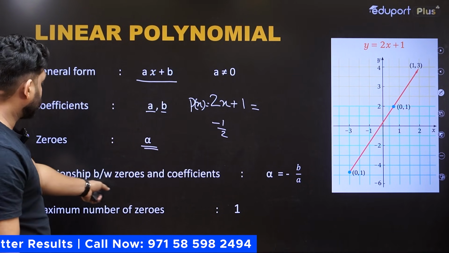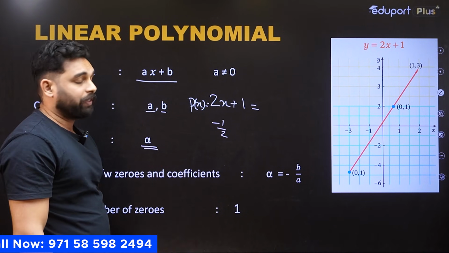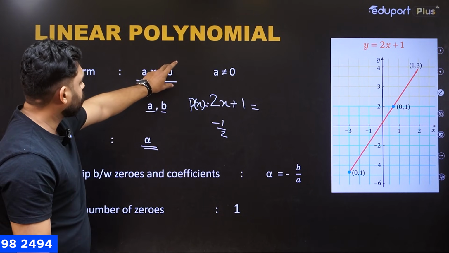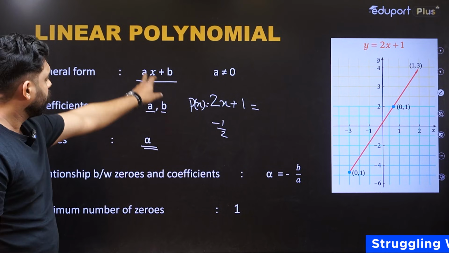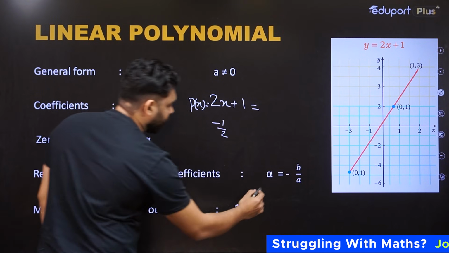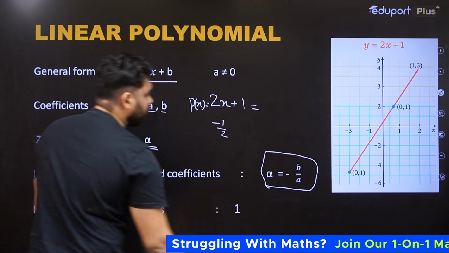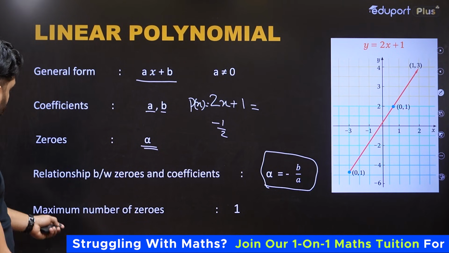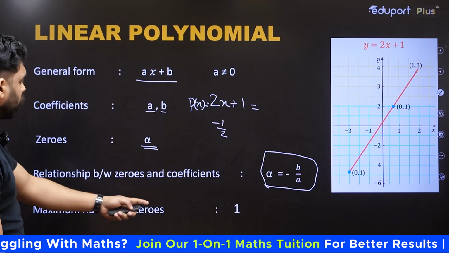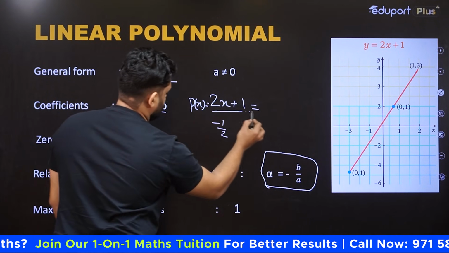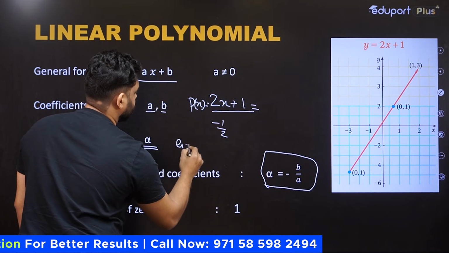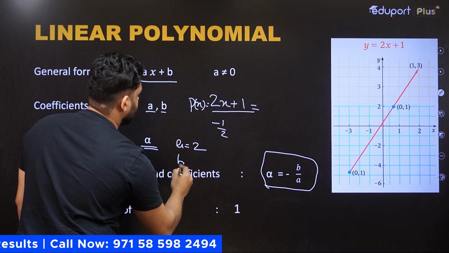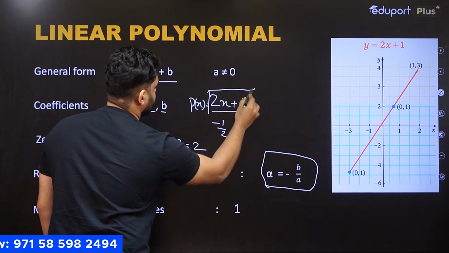Now the relationship between zeros and the coefficients. If the coefficients are given, we can find the zero, that is alpha, from the equation. So what is the equation? Alpha is equal to minus b by a. Here a is 2 and b is 1 in this case.